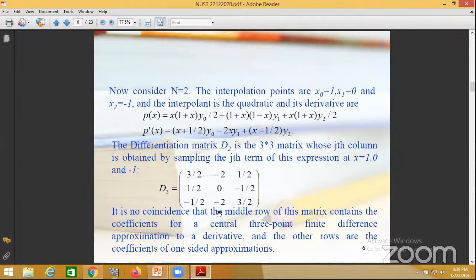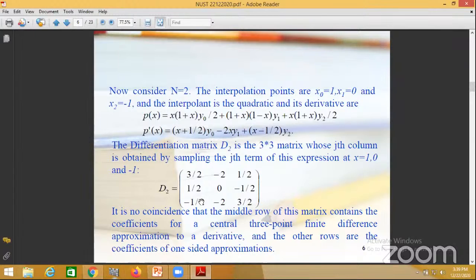It is no coincidence that the middle row of this matrix, that is 1 by 2, 0, and minus 1 by 2, contains the coefficients for the central 3-point finite difference approximation. This is the coefficient of the central finite difference approximation. And the other rows are the coefficients of one-sided, meaning left-sided and right-sided, or forward and backward finite difference approximations.